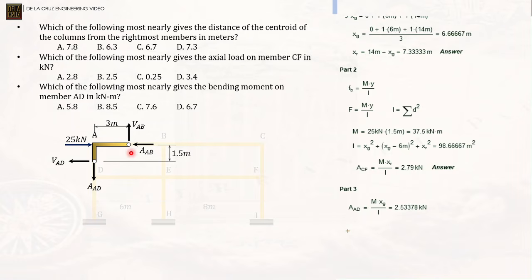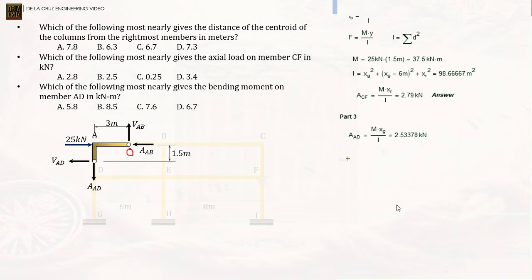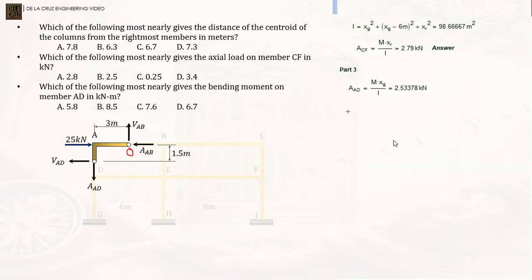Okay, so tawagin ko siyang point O. Hindi ko siya nalagyan ng variable. Let's say that is point O. Ayan. Alright. I will say summation of moment about O must be equals to 0.